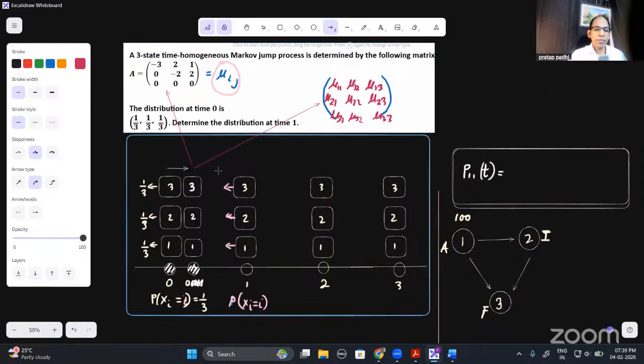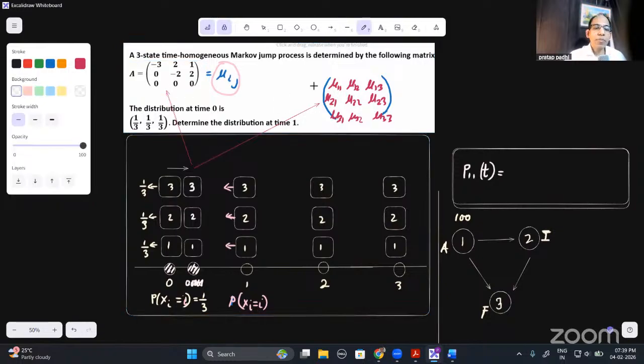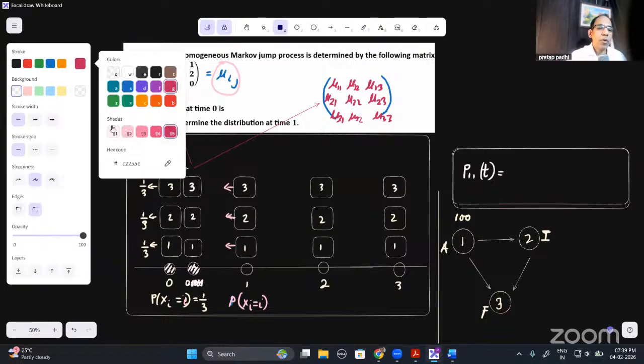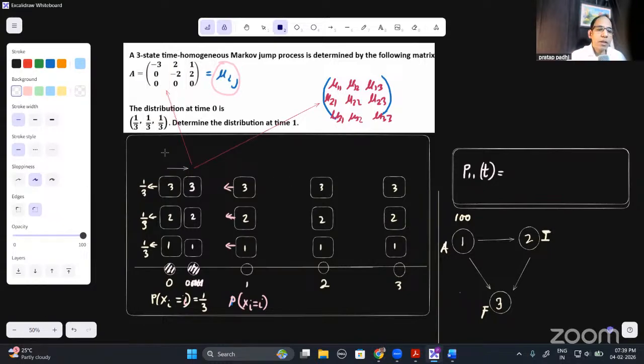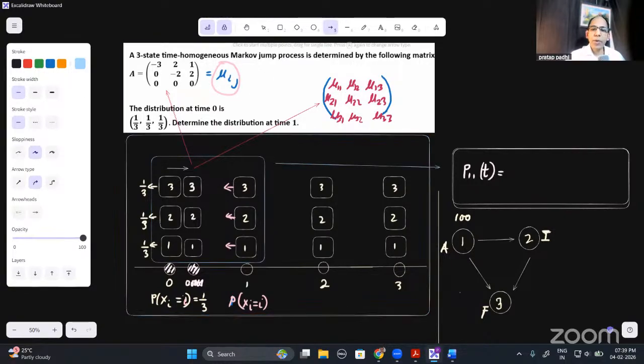But what we want is for 1 year, from 0 to 1. That will come from P11(t). After finding P11(t), you have to put t = 1, then you will get your first transition probability.